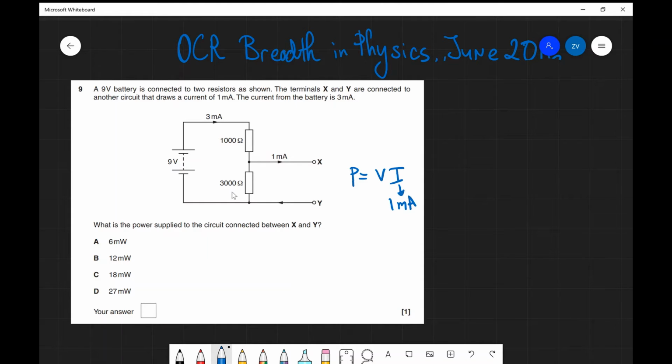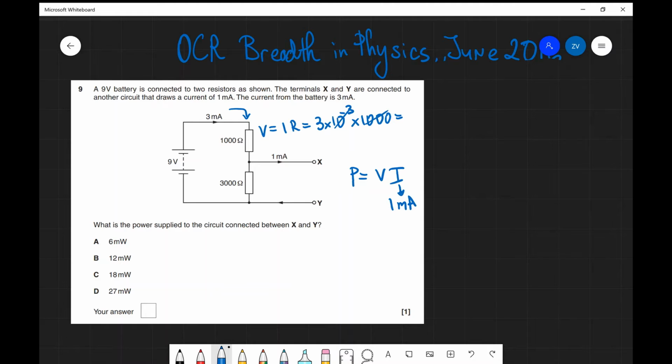Well, the first thing that springs to mind is that we can really easily find the voltage across this resistor over here, because V is equal to IR. Now the current going through this resistor is just 3 milliamps, as it says over here, so that's 3 times 10 to the power of minus 3, and the resistance is 1000 ohms, so times 1000.